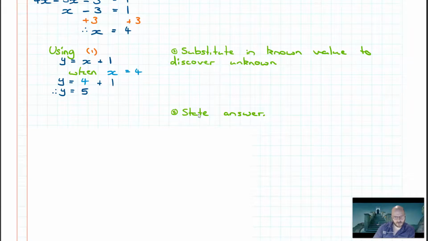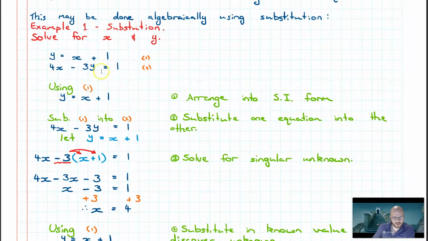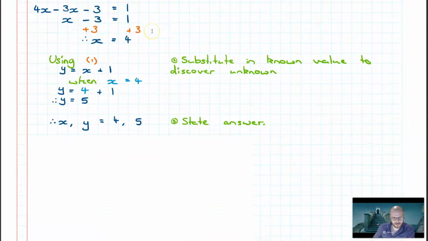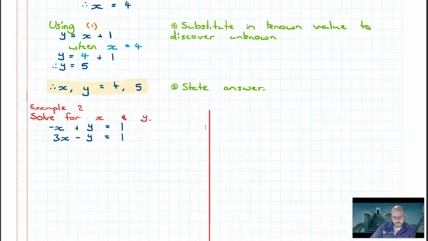Finishing this off, all we need to do is state the answer. So in this case, what we find is that x and y is equal to 4 and 5 respectively. So what we've done is we've found definitive values for x and y within this system of equations using the substitution method.